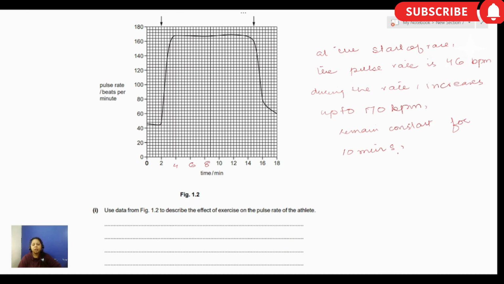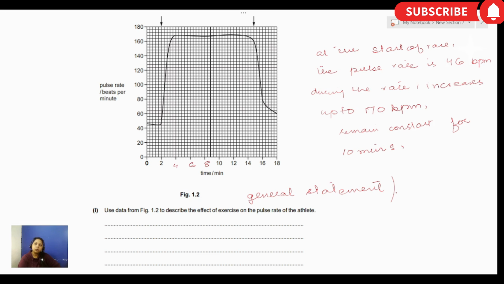Okay, now you haven't given the general statement. What is missing in your answer is the general statement, which should be given at the start of the description of a graph, whether it's increasing or decreasing. This is a general statement which you need to give.